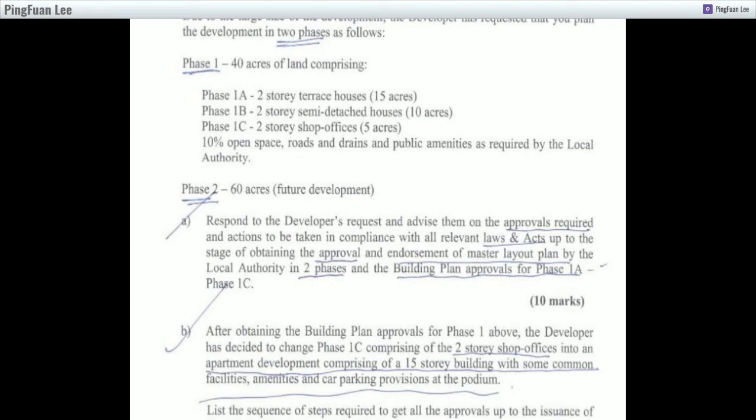Then we can talk about the BP. BP will be standard, BP approval. Because it's only up until building plan approval, we don't need to talk about APDL and all that, because I don't think it applies yet.